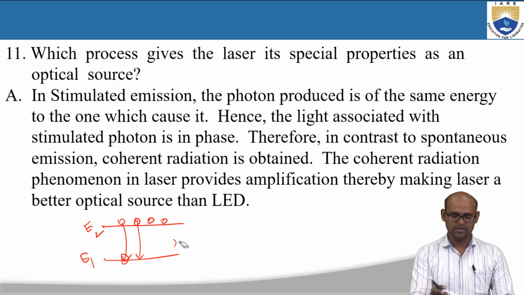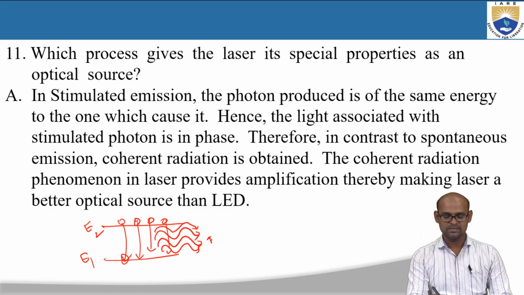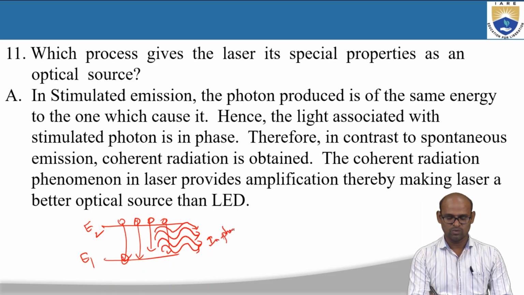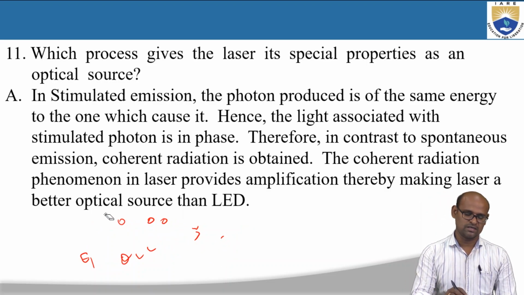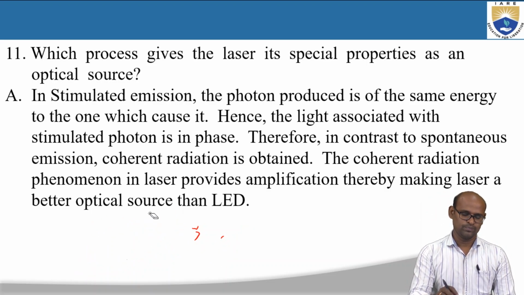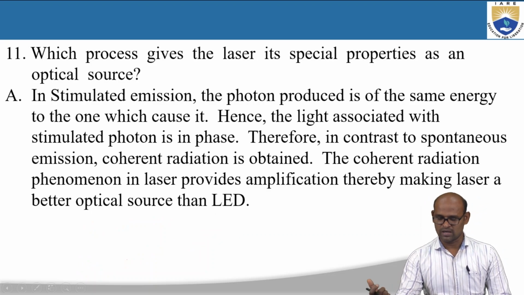So these photons are in the same phase: photon 1, photon 2, photon 3 and photon 4. All these photons are in phase. Because they are in phase, they will give constructive interference, and the amplification will be more, because intensity is directly proportional to amplitude squared. So in phase, amplitude will increase and intensity will also increase.